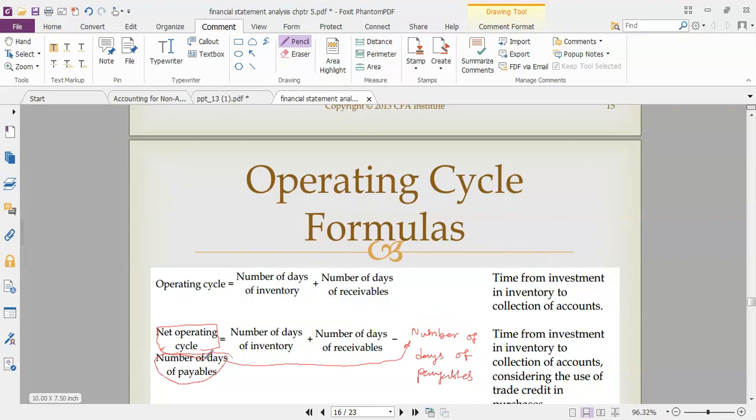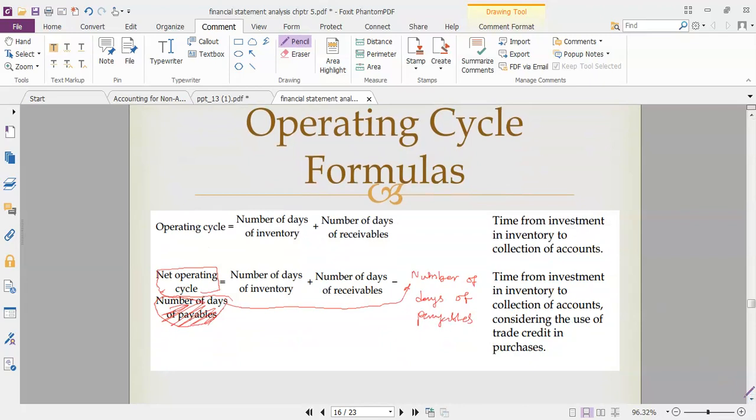So you will get the net operating cycle. So what is the net operating cycle actually? Net operating cycle is the time from investment in inventory to collection of account, considering the use of trade creditors.